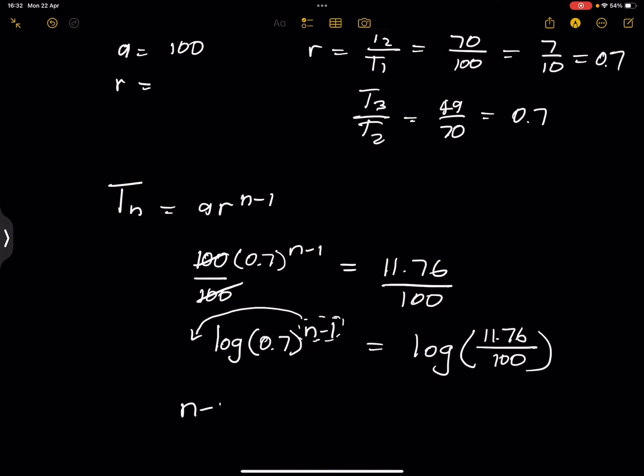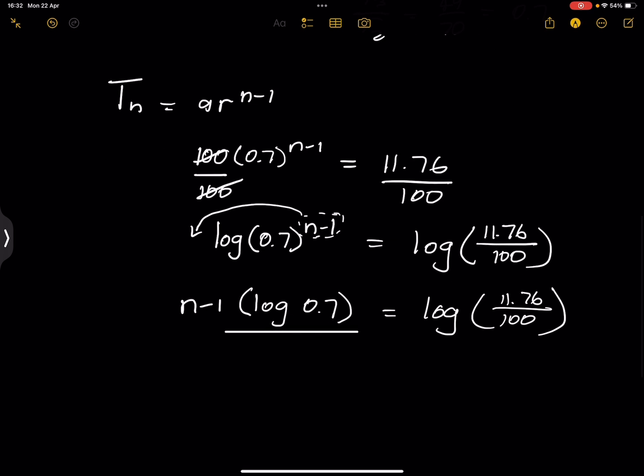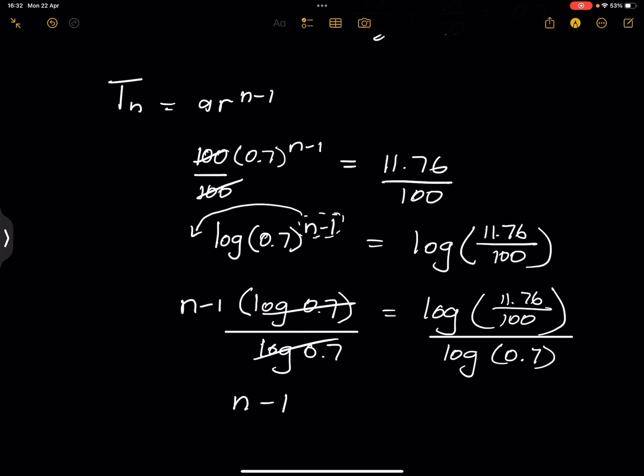So I've got n minus 1 times the log of 0.7 equal to the log of 11.76 over 100, and I keep it that way until I divide by the log of 0.7 on both sides. That cancels, and I'm left with n minus 1.